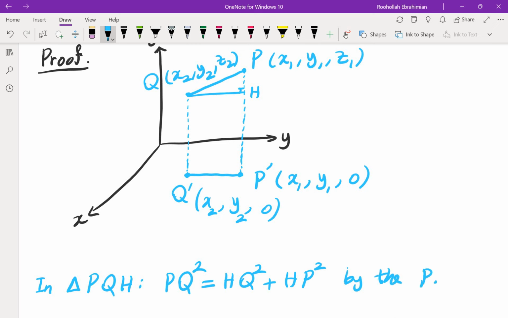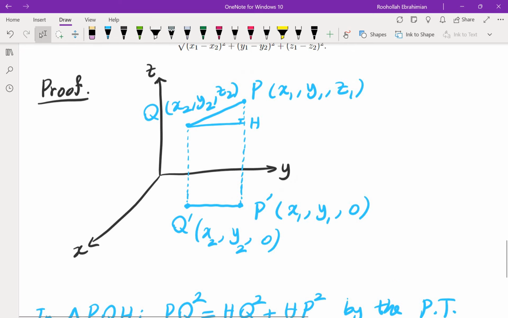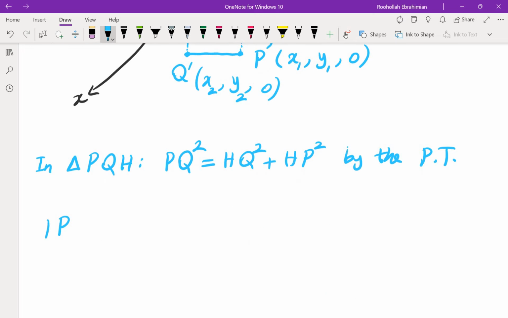Now PH is the vertical distance between P and Q. What does that mean? It means it's the difference of the z coordinates. So PH is the absolute value of z1 minus z2.